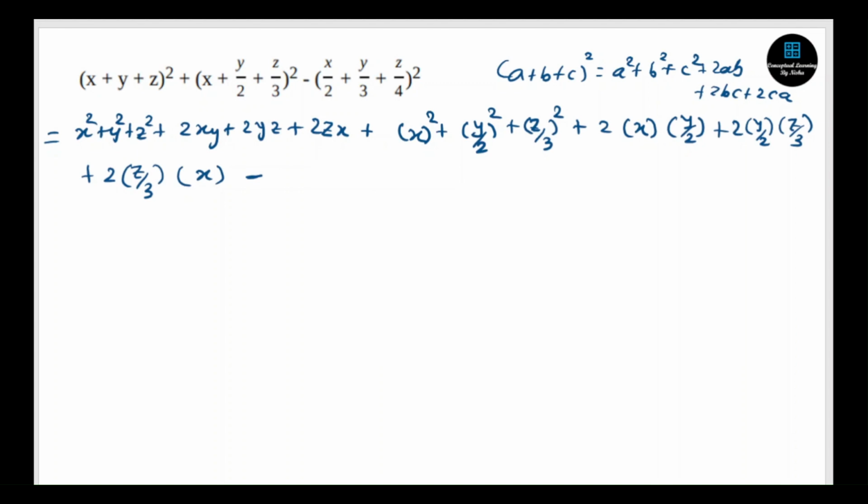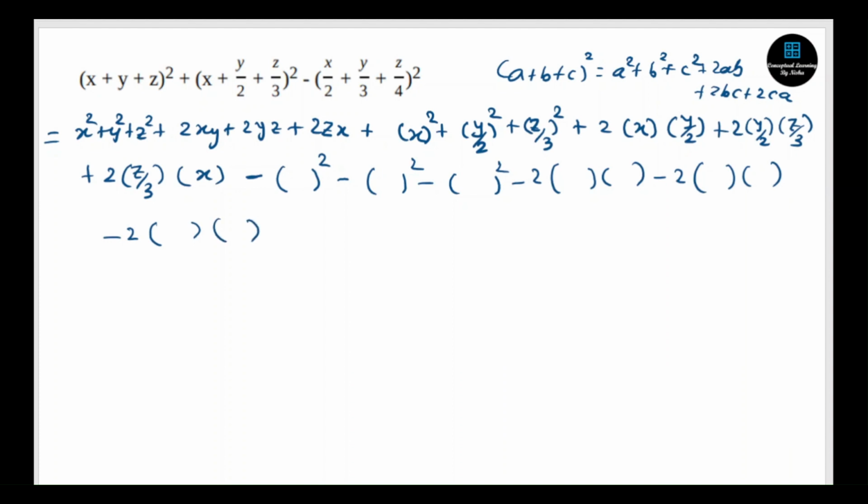Okay, so I'll write this way: minus 2 into first into second, minus 2 into second into third, and minus 2 into third into first. Okay, see, if you use this method, you can avoid all the mistakes.